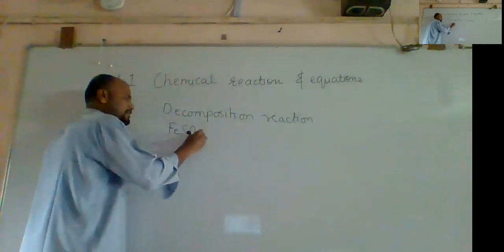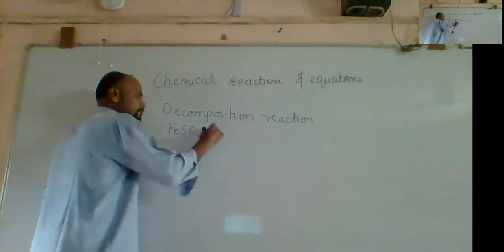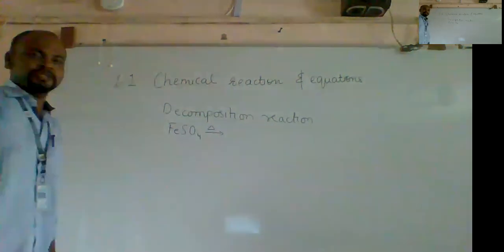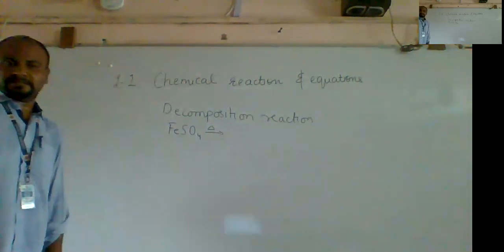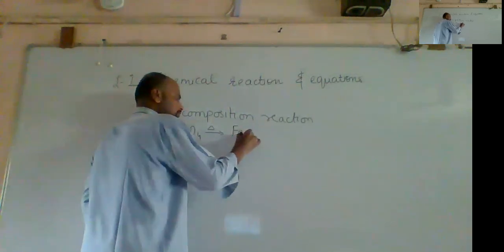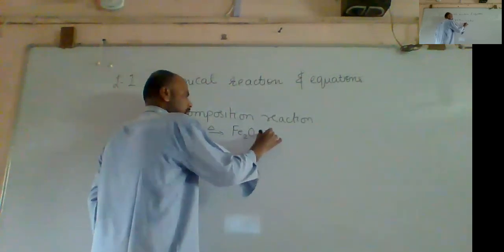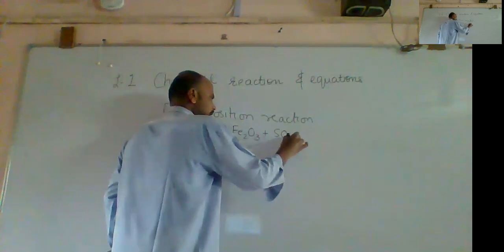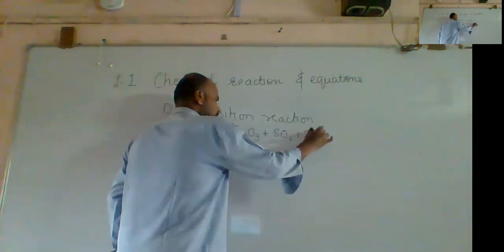As you place the ferrous sulfate crystals on the Bunsen burner, you will see that the reaction starts taking place, and ferrous sulfate gets broken down to ferric oxide plus sulfur dioxide plus sulfur trioxide.